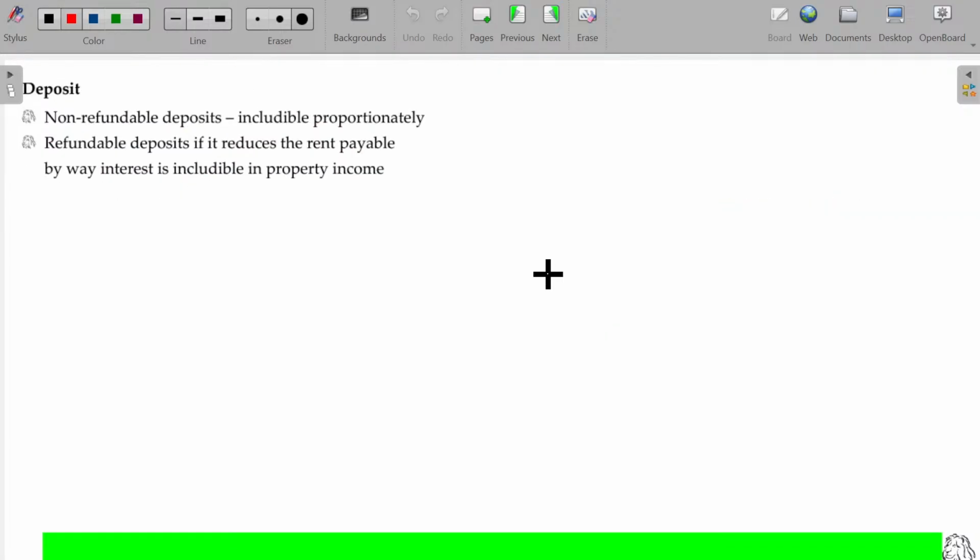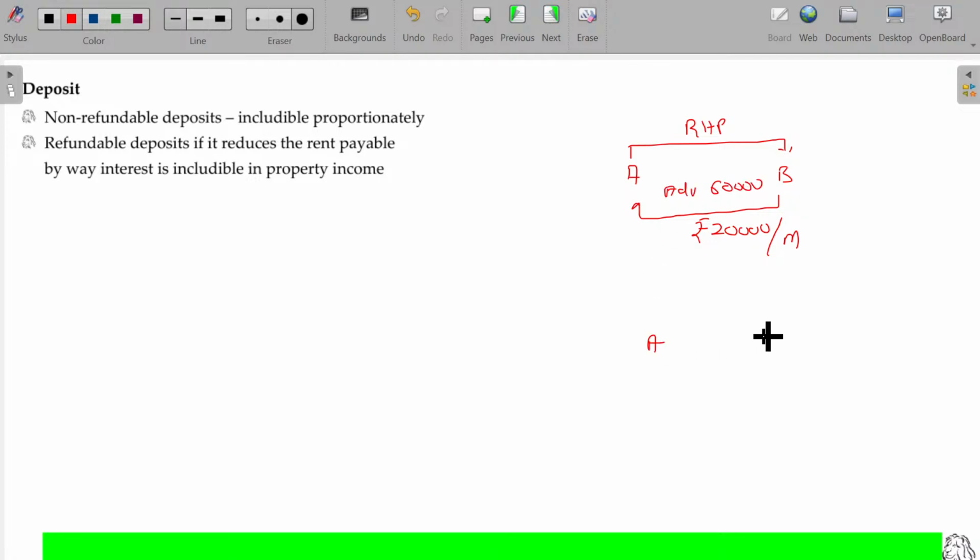Now, some few theory concepts like deposit. What happens, I already told you, A and B. A gives a residential house property on rent to B, charges rent of 20,000 rupees per month and gets an advance for 3 months, 60,000 rupees.